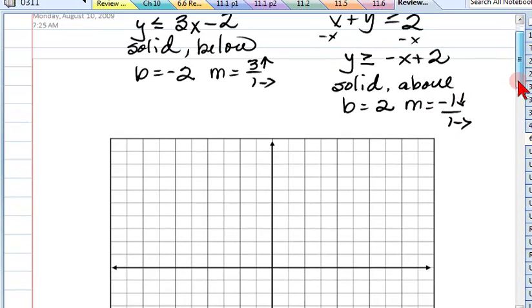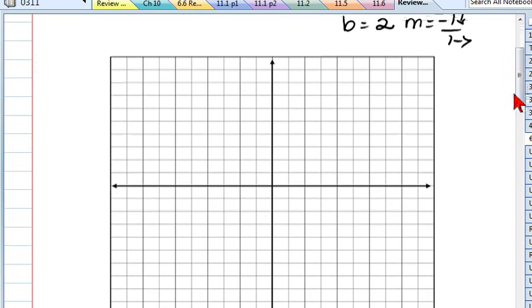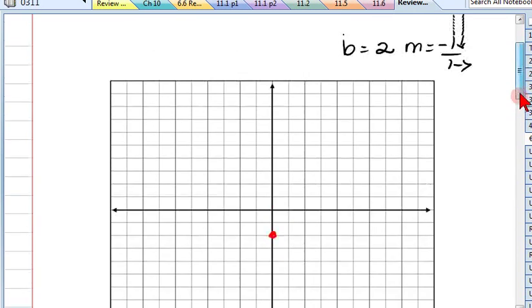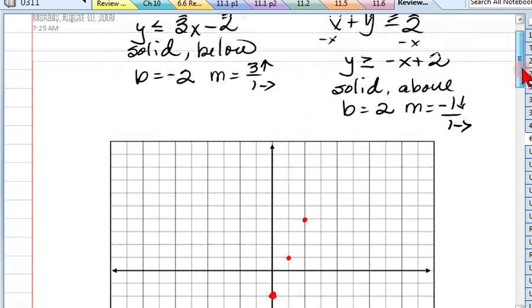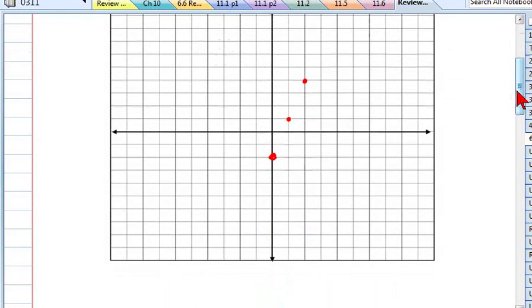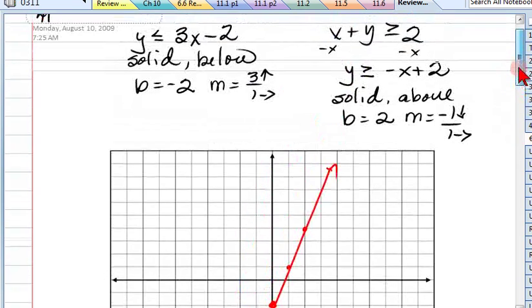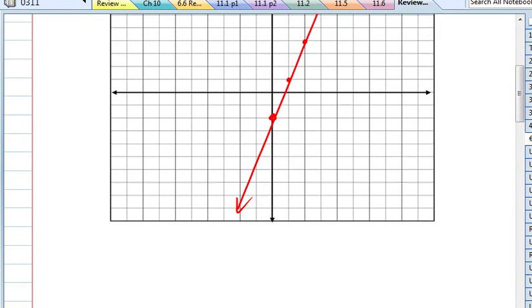Okay, first one. Begin at -2. Go up 3, right 1. And it was solid. It was shade below.